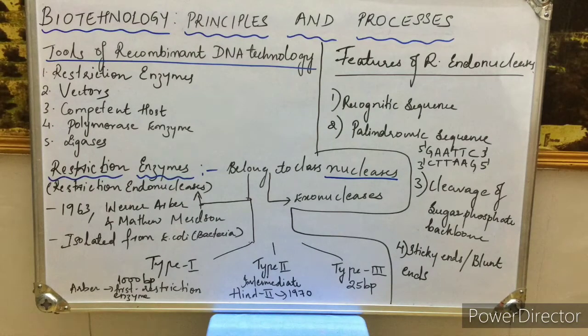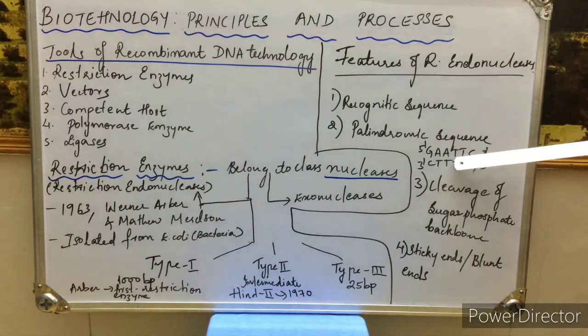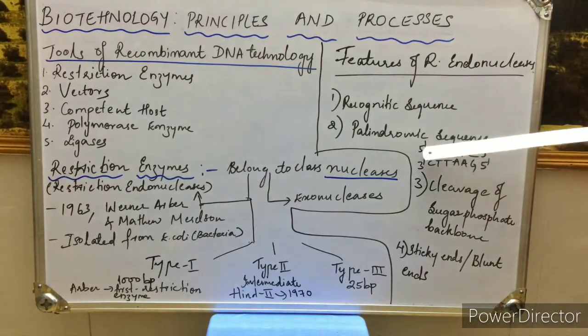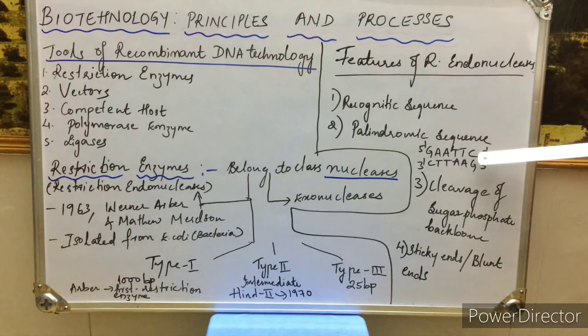As the definition says, it makes cuts at specific positions within the DNA. Now what are those specific positions? The restriction endonuclease has the capacity to identify a particular length of base pairs of the DNA sequence, and those sequences are known as recognition sequences. For example, GAATTC is a 6 base pair sequence.